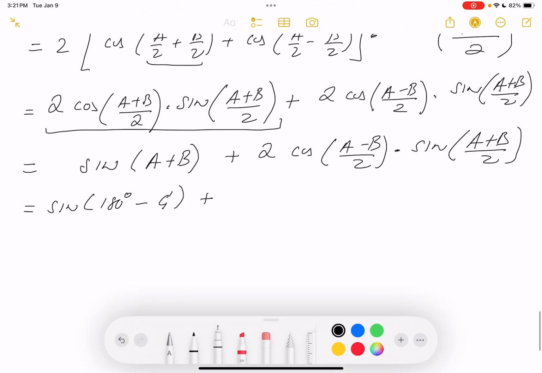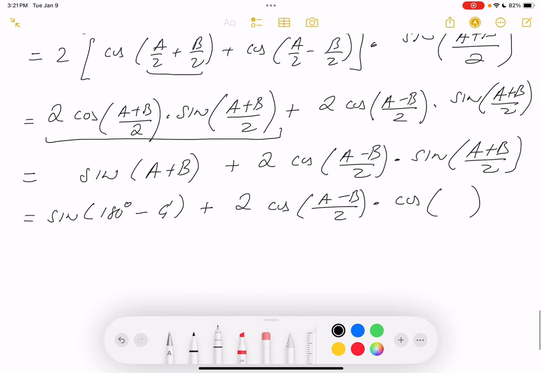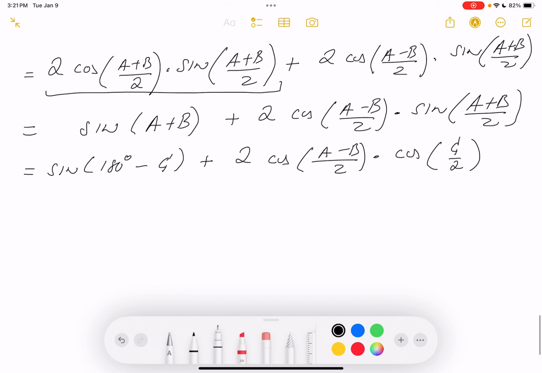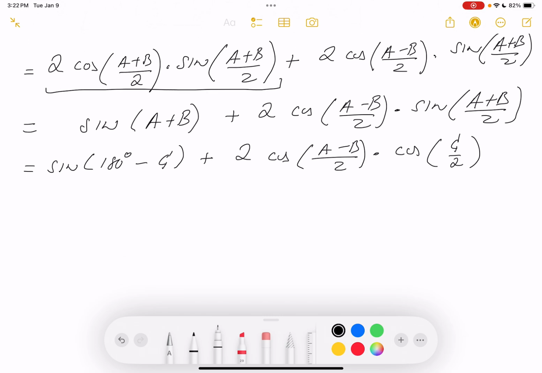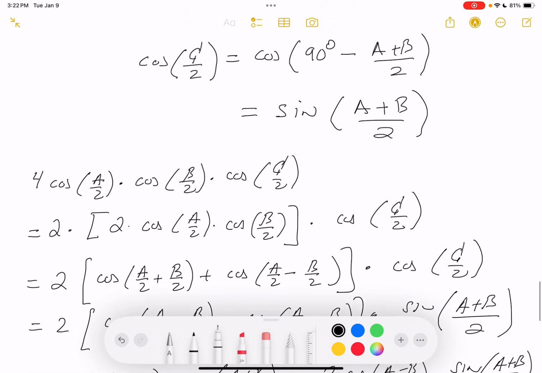That's the cosine, right? I'll put this over here. 2 cosine A minus B over 2, and then I'd get cosine. The sine of A plus B over 2 is just the cosine of C over 2. All right, let's keep moving. I'm getting close. And I keep rewriting it. Cosine of A minus B over 2.